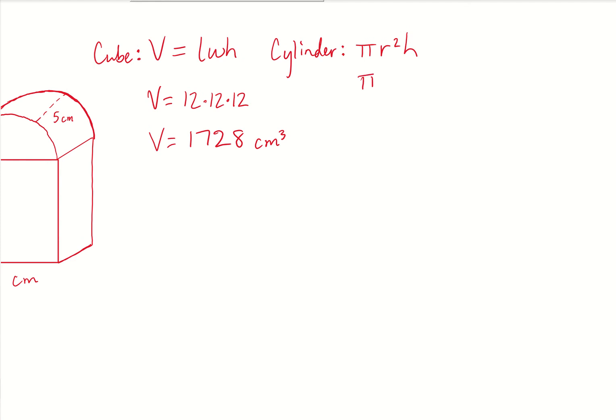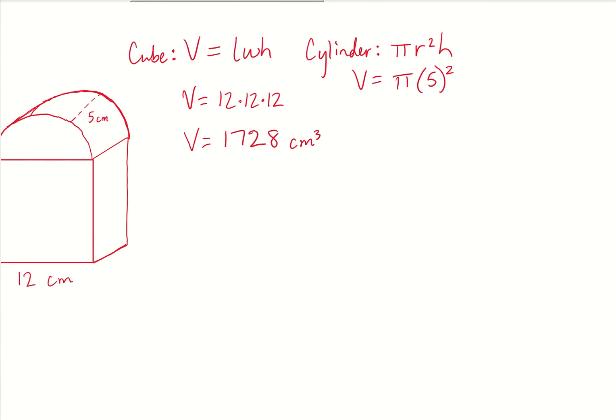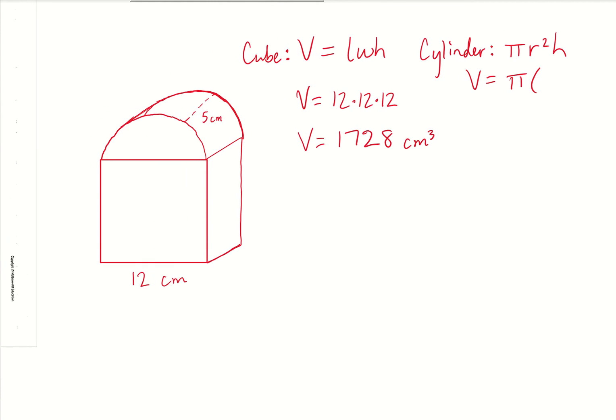we have V equals pi times the radius squared. The radius again is 5. And then the height, that's not right. So the radius is going to be from here to here, right? That edge that I just drew on there. And that's going to be half of 12, right?